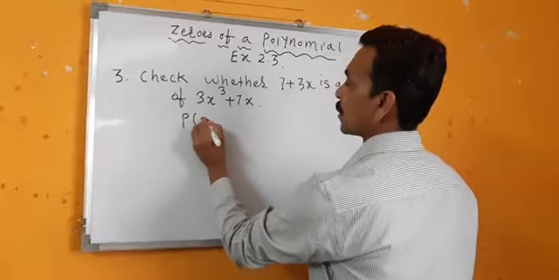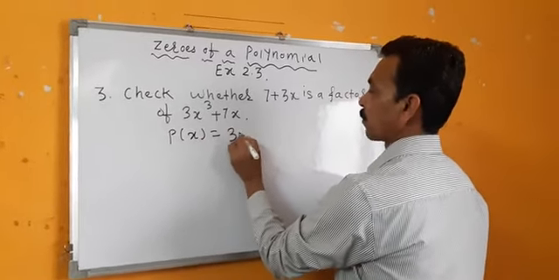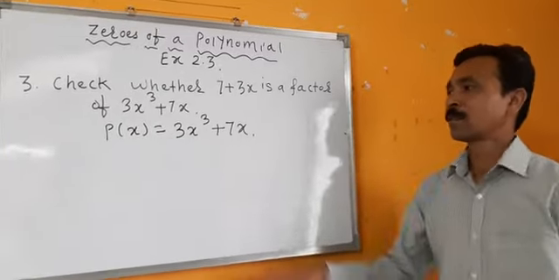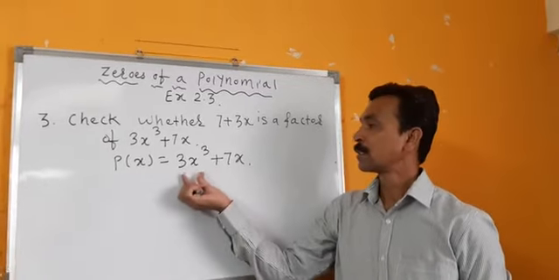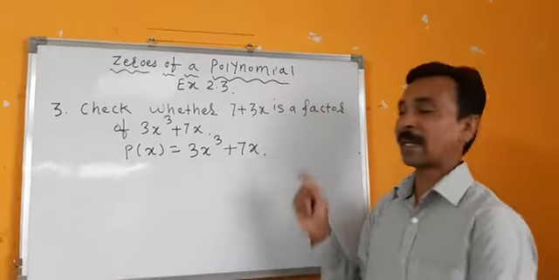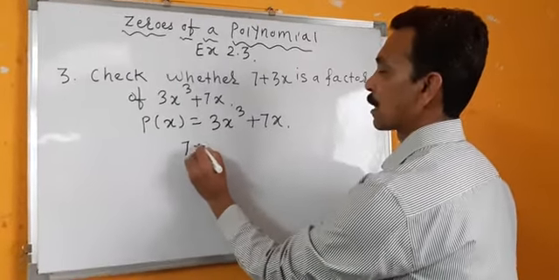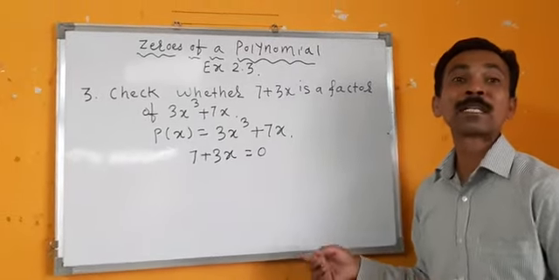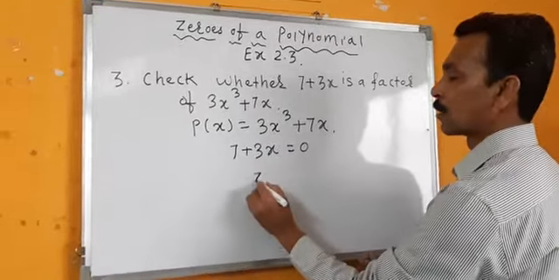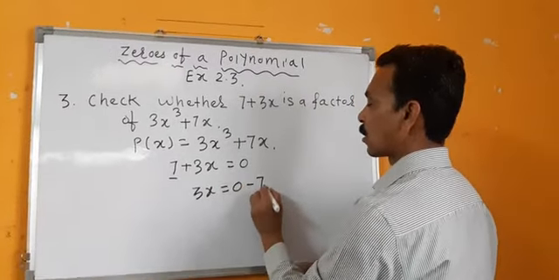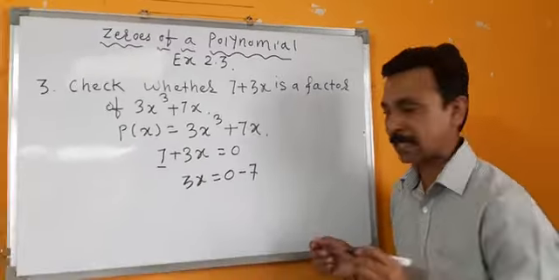So what is this? P of x is 3x cube plus 7x. 7 plus 3x is a factor means what is the meaning of this? 7 plus 3x is equal to 0. So 3x is equal to 0, and this plus 7 goes on the right hand side and becomes minus 7.